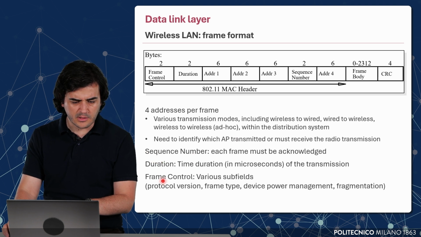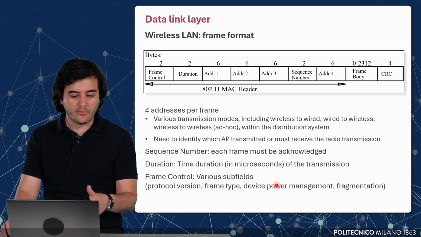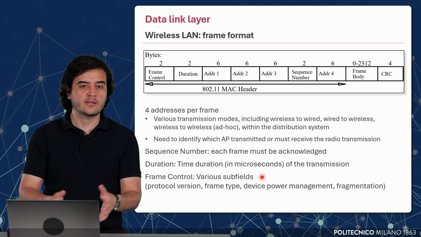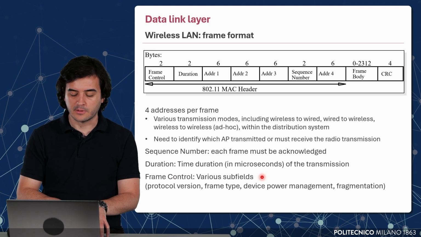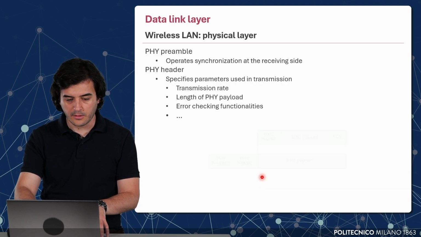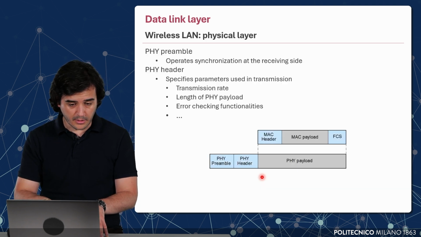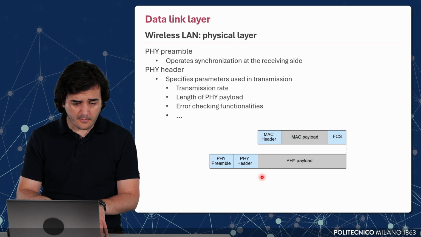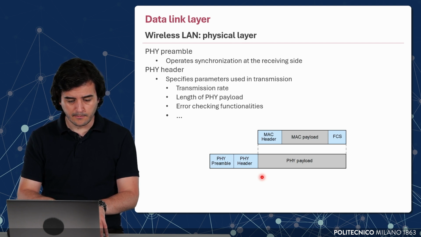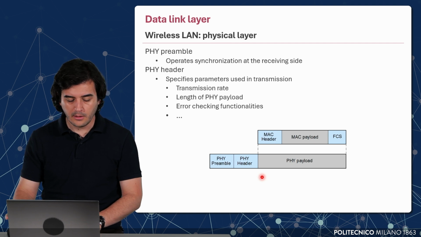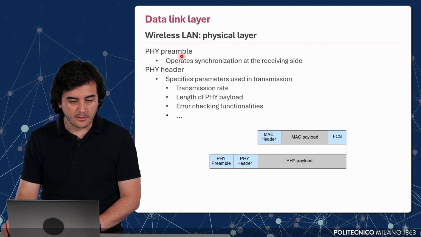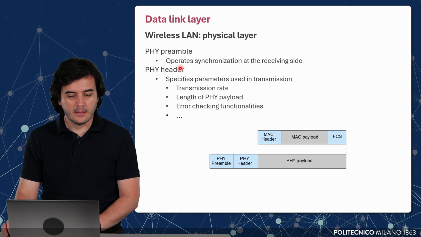Then there are other identifiers, such as the sequence number or the duration or even frame control, which perform more or less the same set of tasks as we have defined in the previous case of the Ethernet. When we talk about the physical medium, there are also messages which pertain exactly to the physical layer, and the 2 main ones are the preamble and the header.